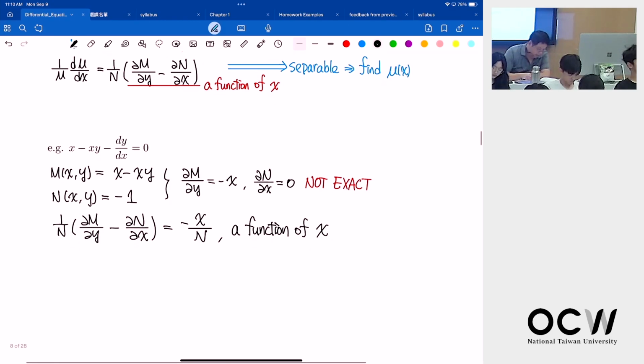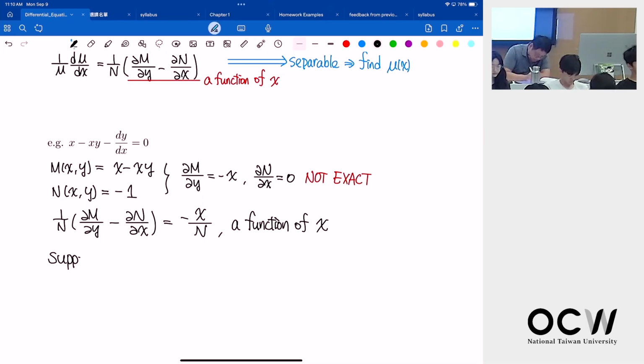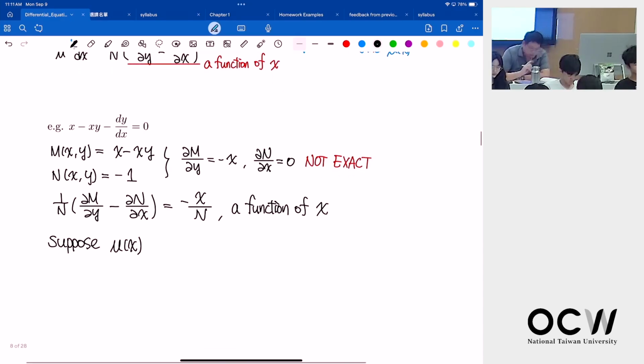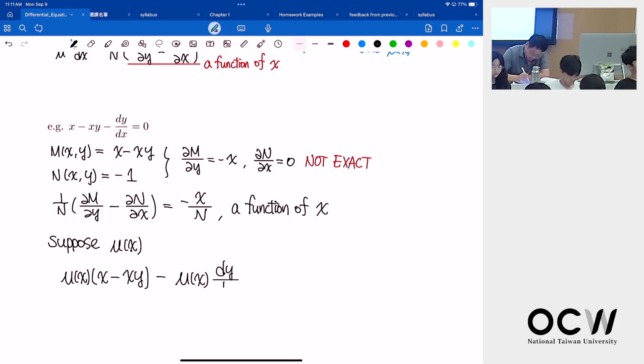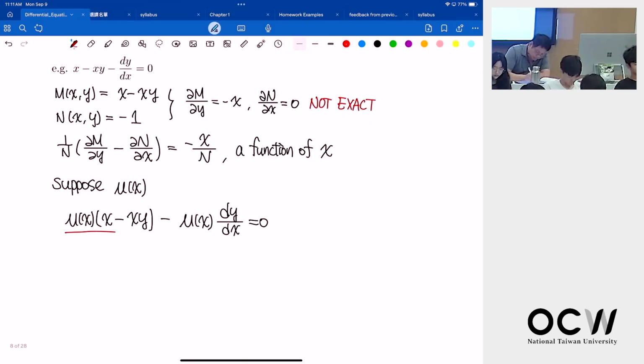Then suppose we have an integrating factor, we have a mu of x. Okay, function of x only. So if I times mu to the original equation, again, this is the new m. And here is the new n.